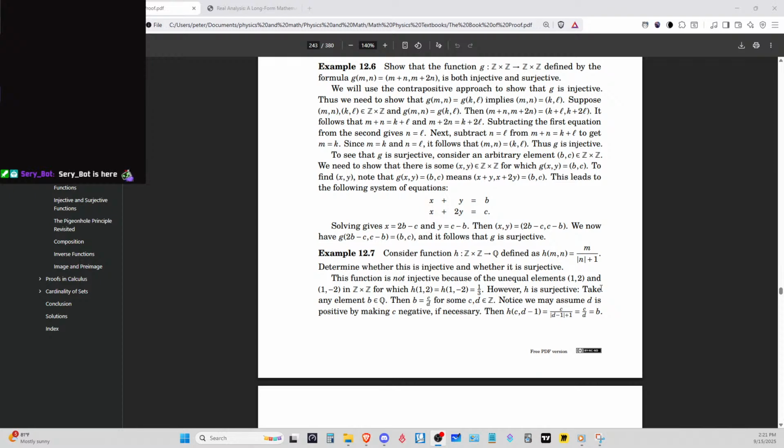So it's surjective. Take any element b over c, and notice that we may assume that d is negative by making c negative.